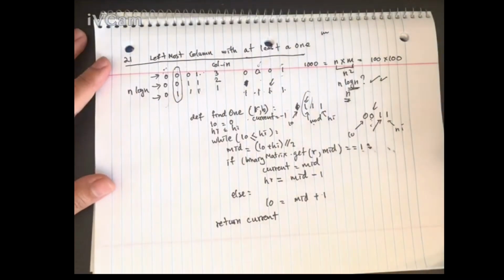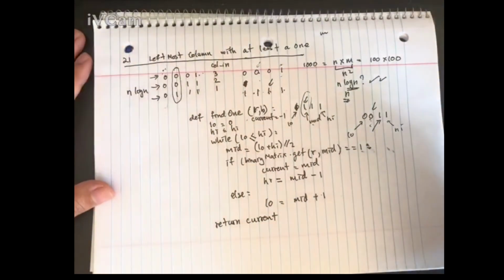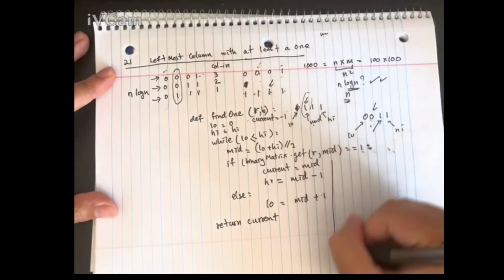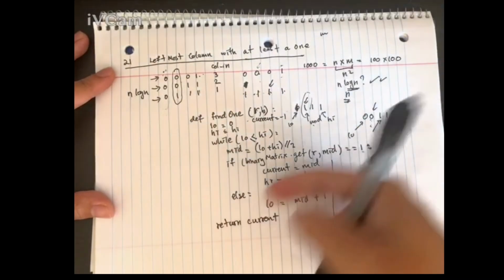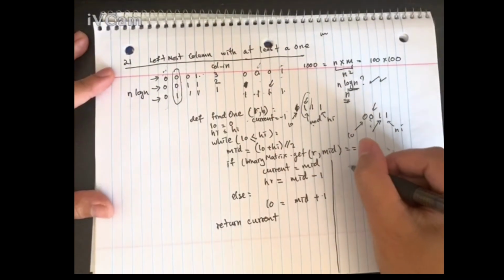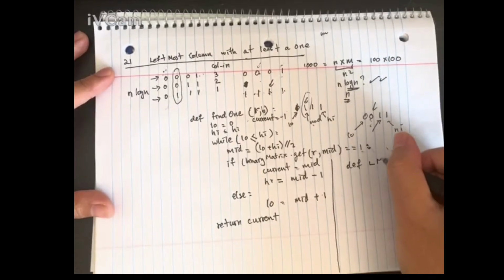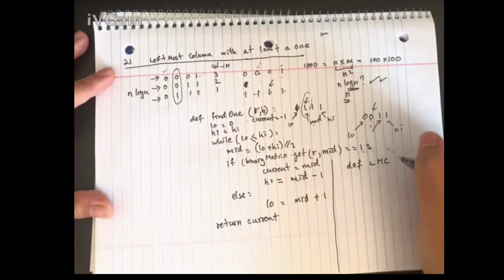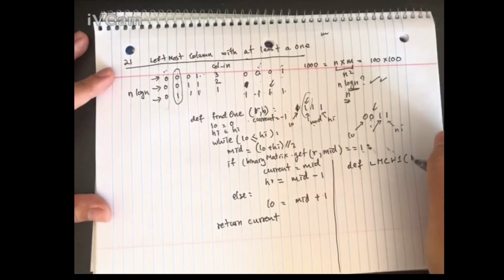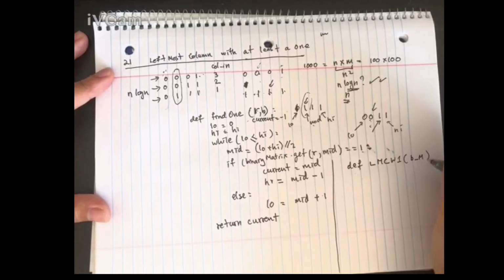And for our high level function, this is the function that will be called by the main function. So the main function, let's say leftmost column with 1, takes the binary matrix.